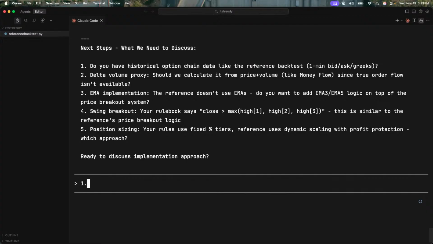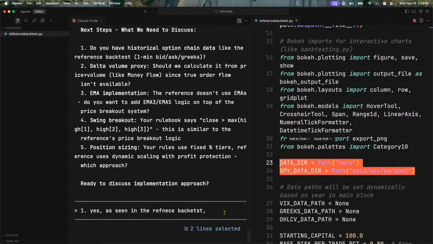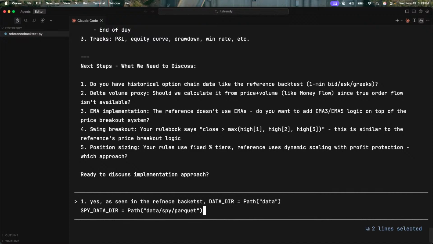As seen in the reference backtest, all SPY data needed is here and ready to be used.